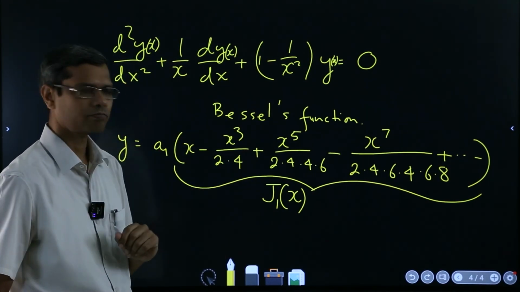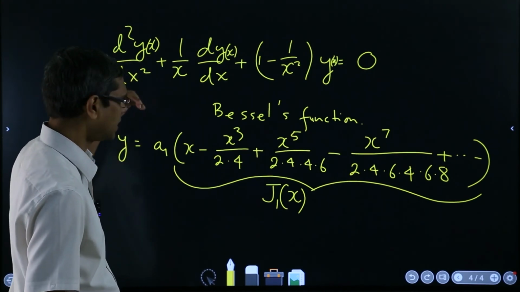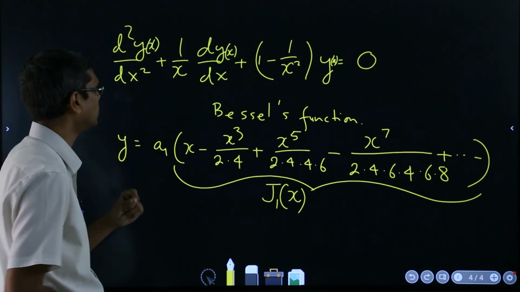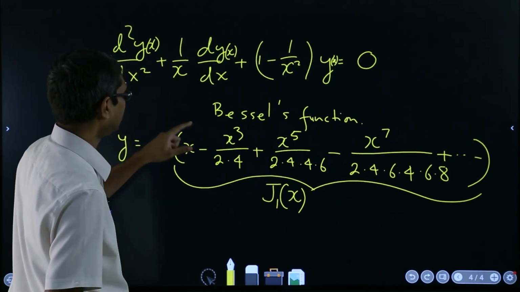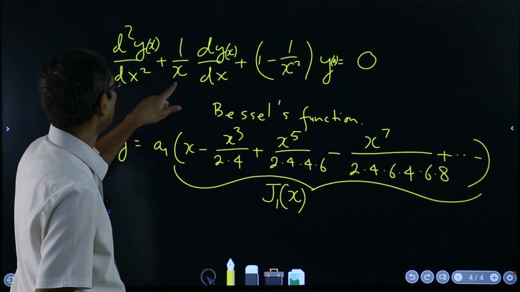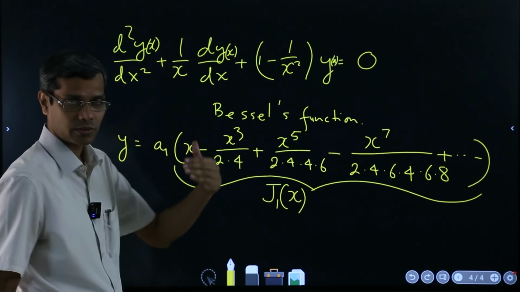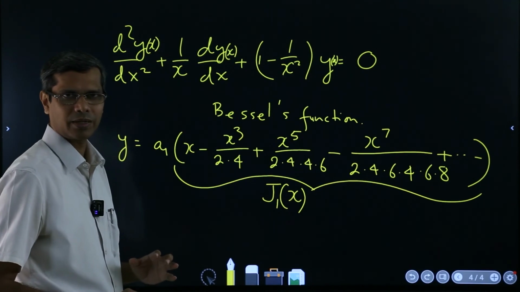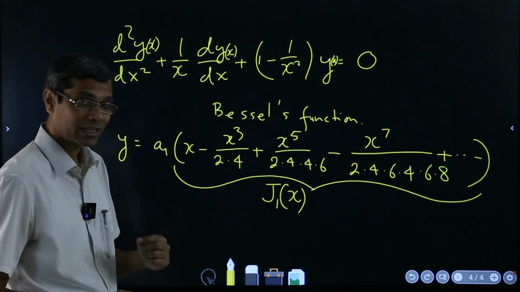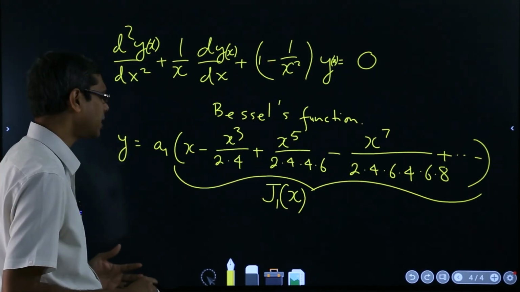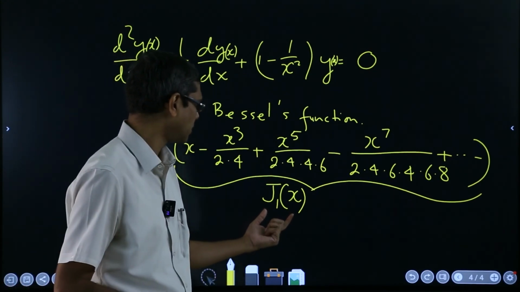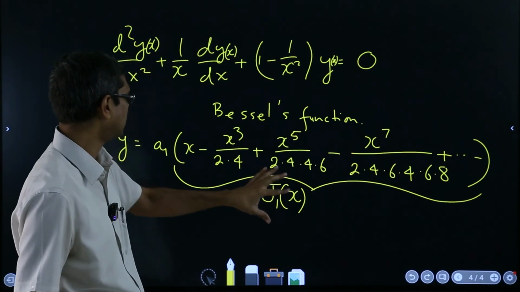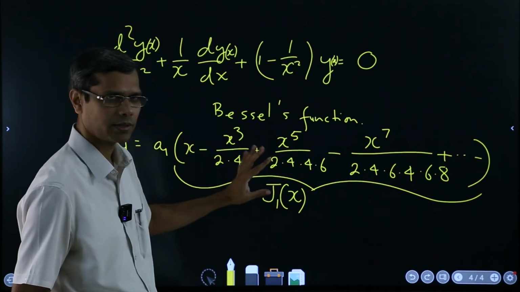So there is slight complexity in this, you should think about it, that's also your homework. This x, when it is sitting in the denominator, will make things a little bit complex when x becomes 0. That is why one of the solutions, which will be termed the Neumann solution, is a bit trickier to get from this.